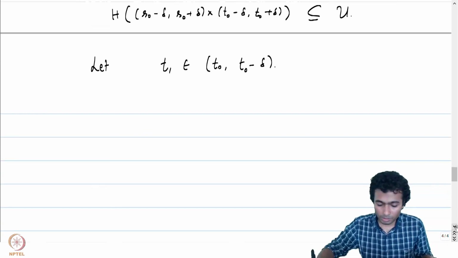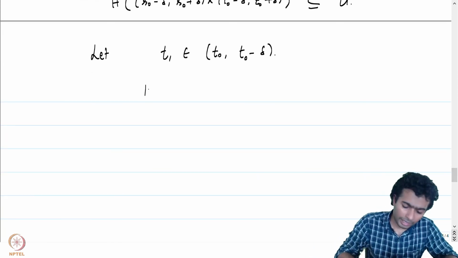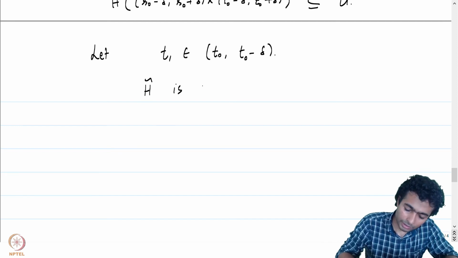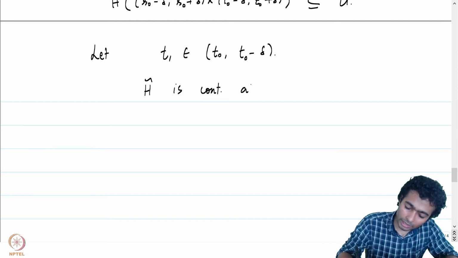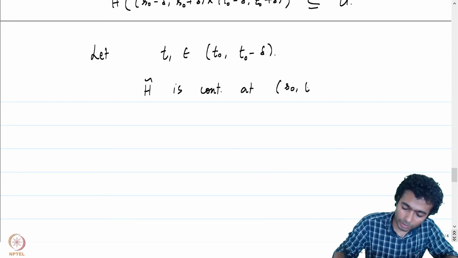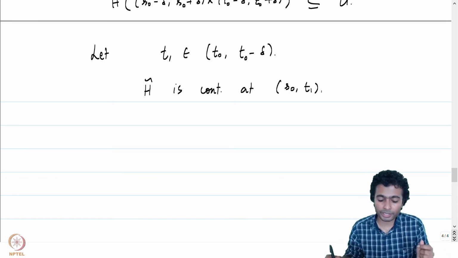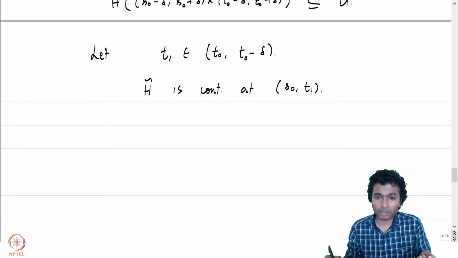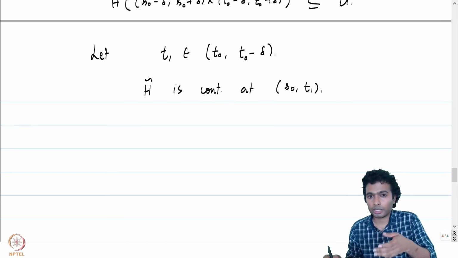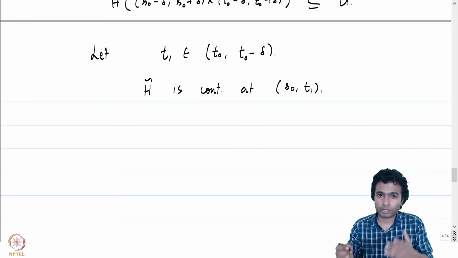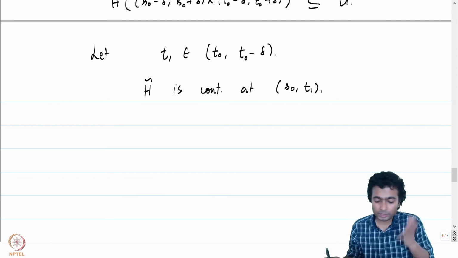The good thing about t1 is that h tilde is now continuous at s0 comma t1. Recall that t0 was the smallest point where h tilde of s comma t turned out to be discontinuous, so any point less than that, it is continuous.